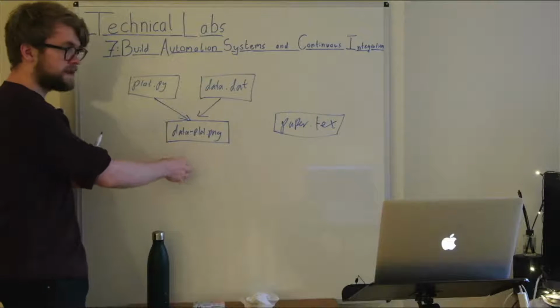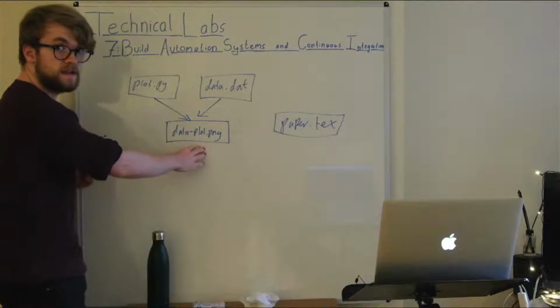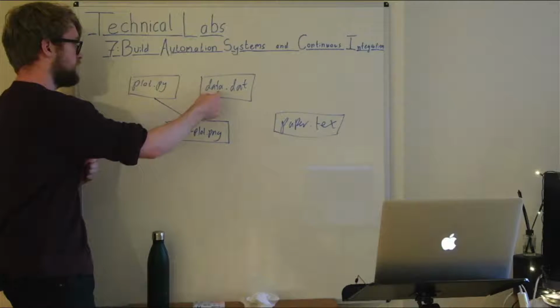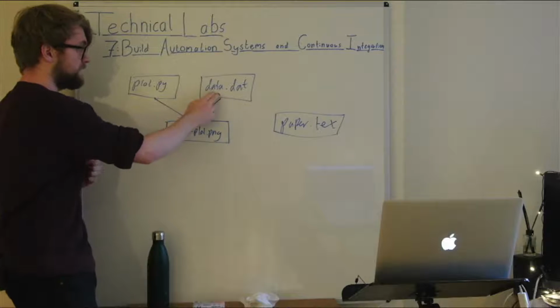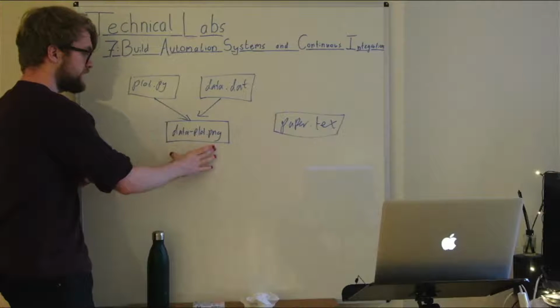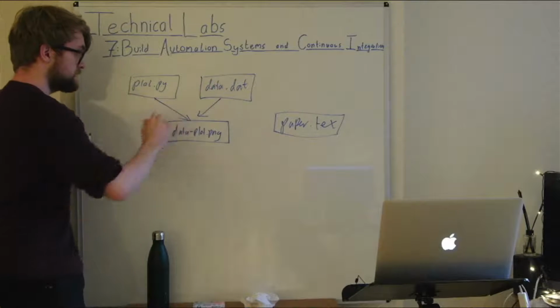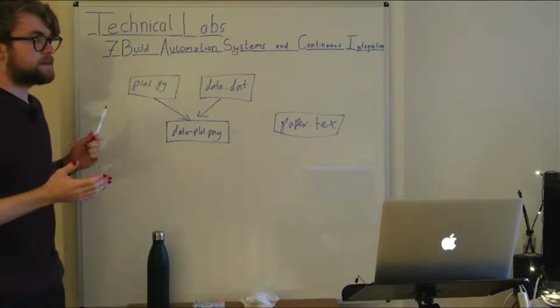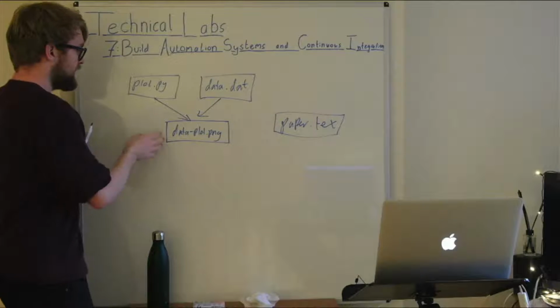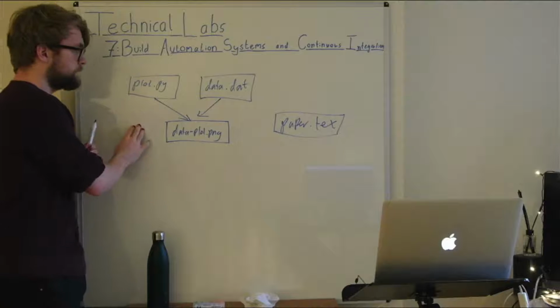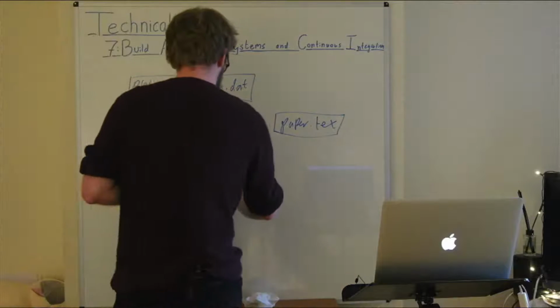I can say to the build system, I want to build this, and it knows it has to have plot.py and data.dat. It has to have these files. So these are this target's dependencies. It depends on these. And then you can set up rules, and a rule dictates how we can make this from its dependencies.